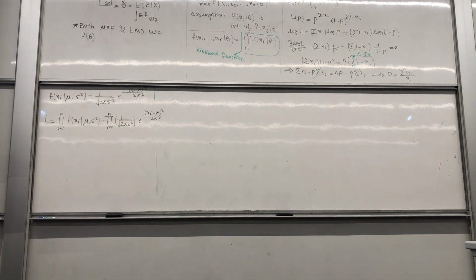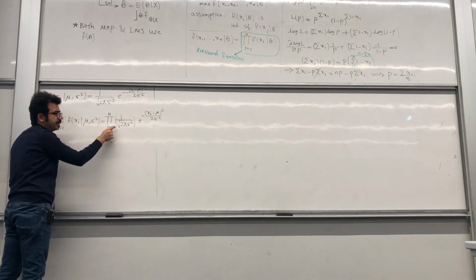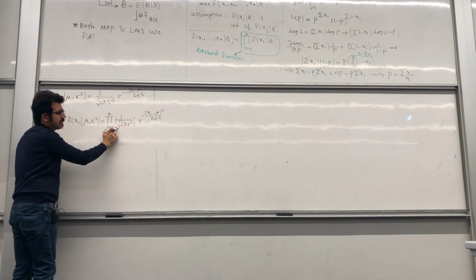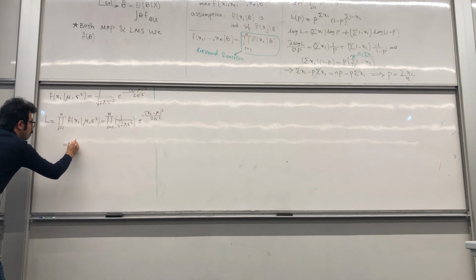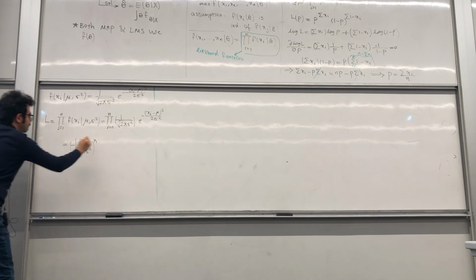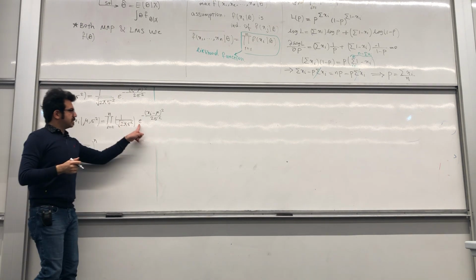Now, this term is constant. It doesn't have i in it, so it's constant in this product and I can take it out. I know that this term is repeated n times, so this is equal to 1 over root of 2 pi sigma squared to the power of n. What about this term?